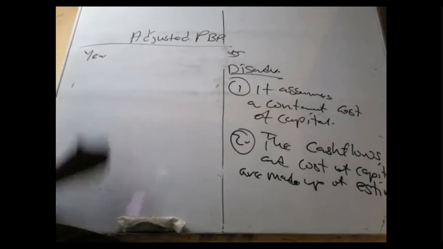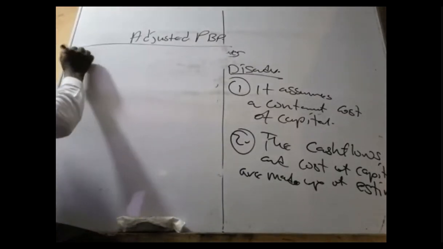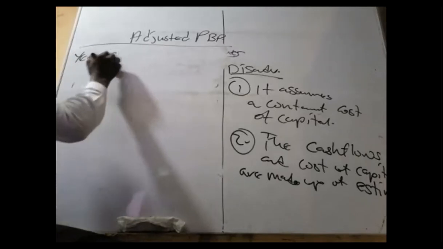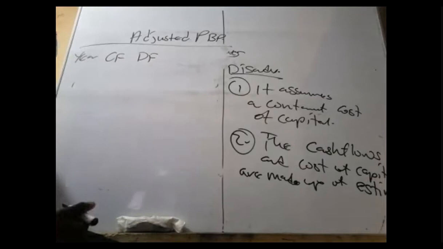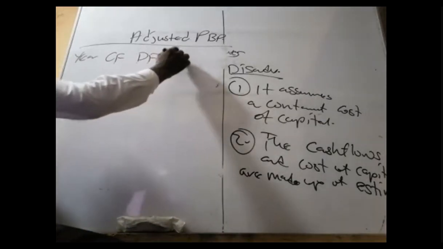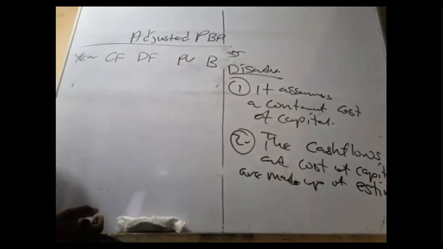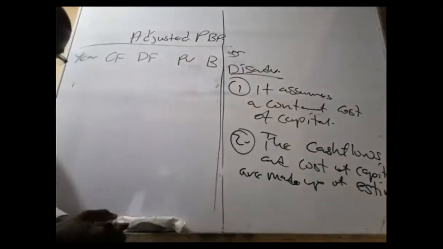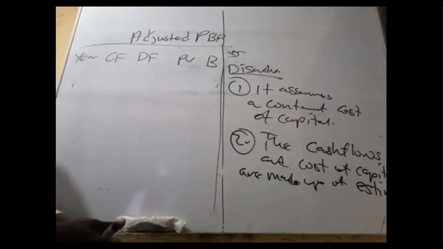I'll start with a year, then the cash flow, then the discount factor, then the present value, and then the balance.